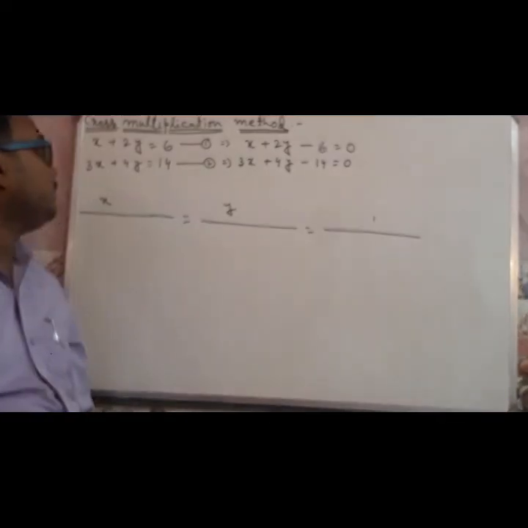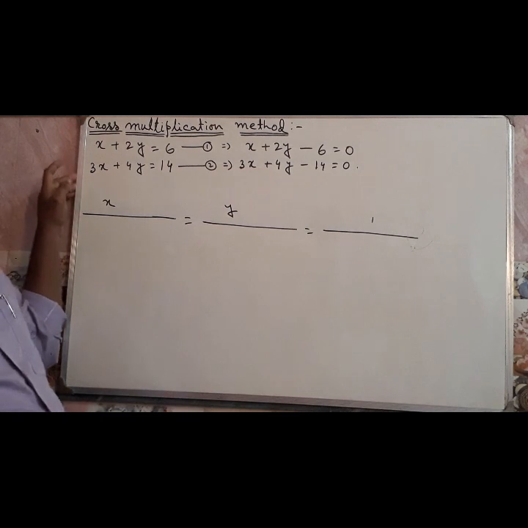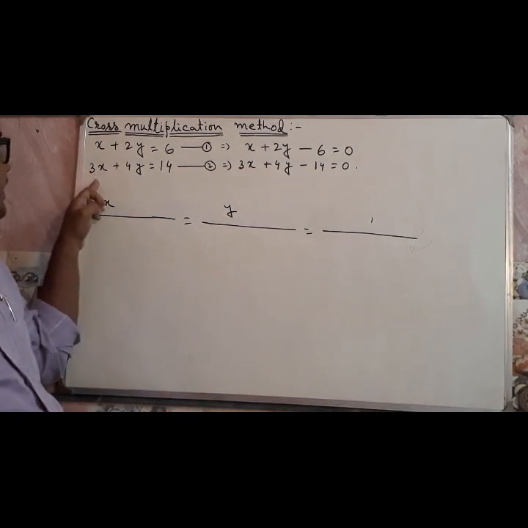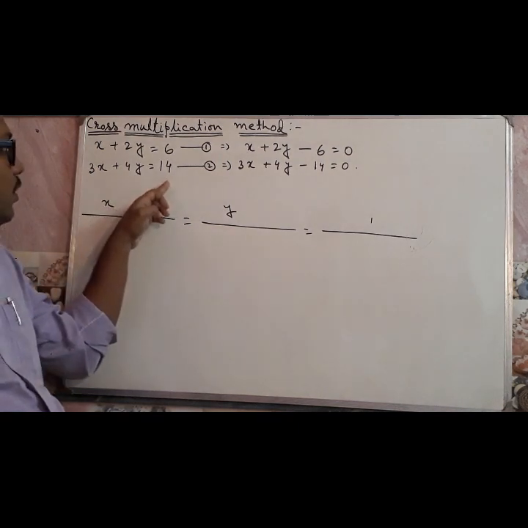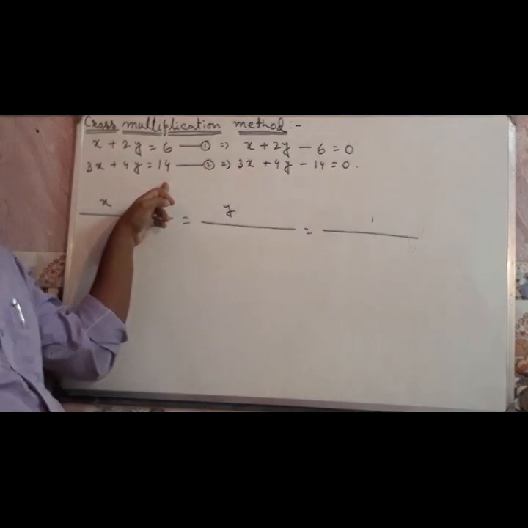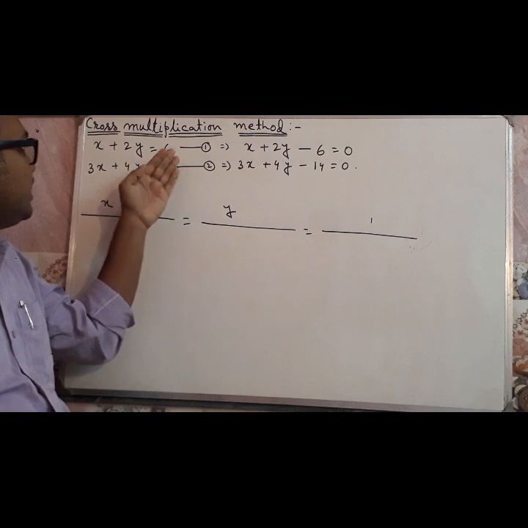Understand the cross multiplication method. We took the example x plus 2y is equal to 6 and 3x plus 4y equal to 14. The first thing for cross multiplication we have to do is keep the constant term on the left hand side.